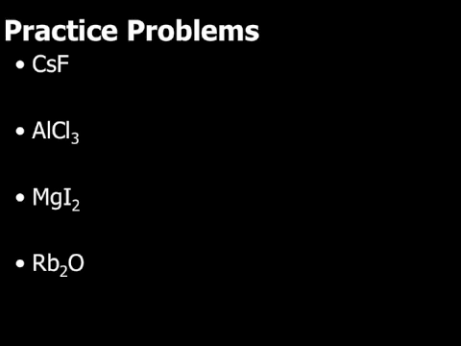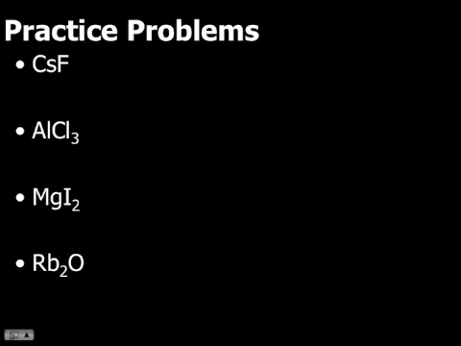So our next slide here has some practice problems. So if you feel comfortable with this, go ahead and stop the screencast for a couple minutes, do the examples, and then come back and check. Okay, so our first one, CsF, would be cesium fluoride. So again, drop the ending, add IDE.